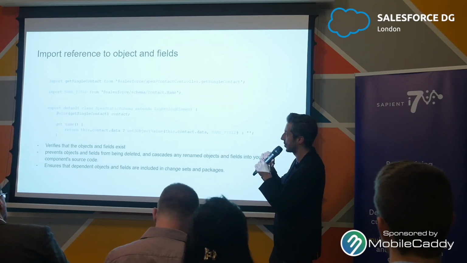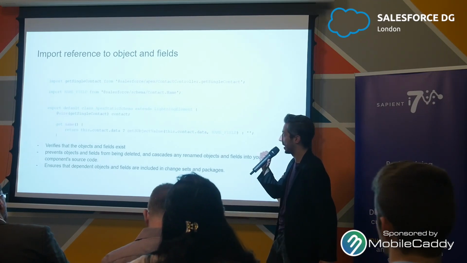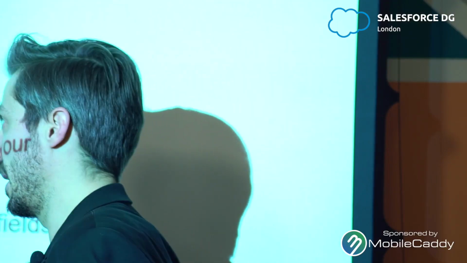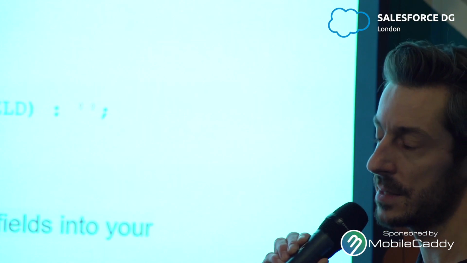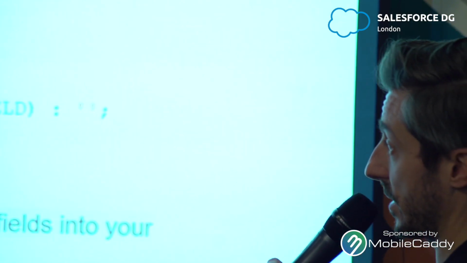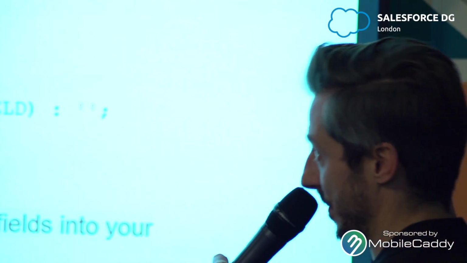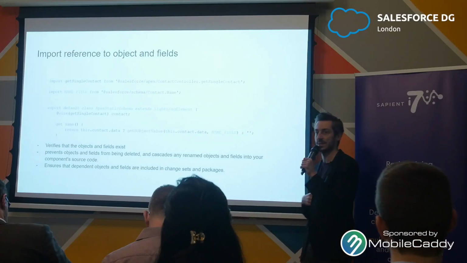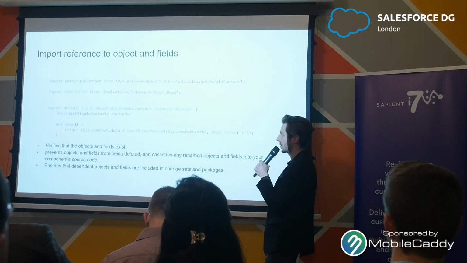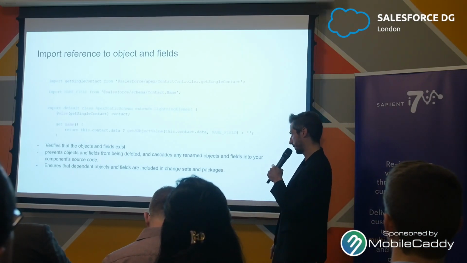So this is an example of how you use the field reference and the object reference. It takes a little bit more time to write, but it will guarantee that your code base has a better overall validity, especially when people change things without talking to each other, which can make things very complex. So this ensures the quality in the long term.